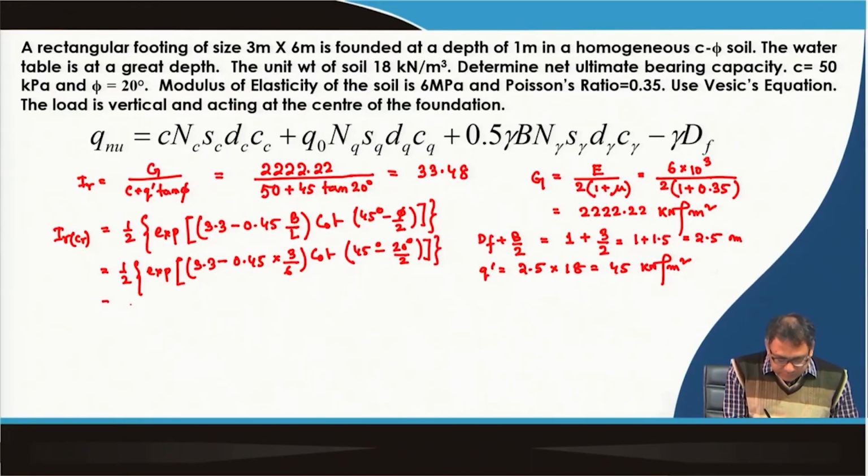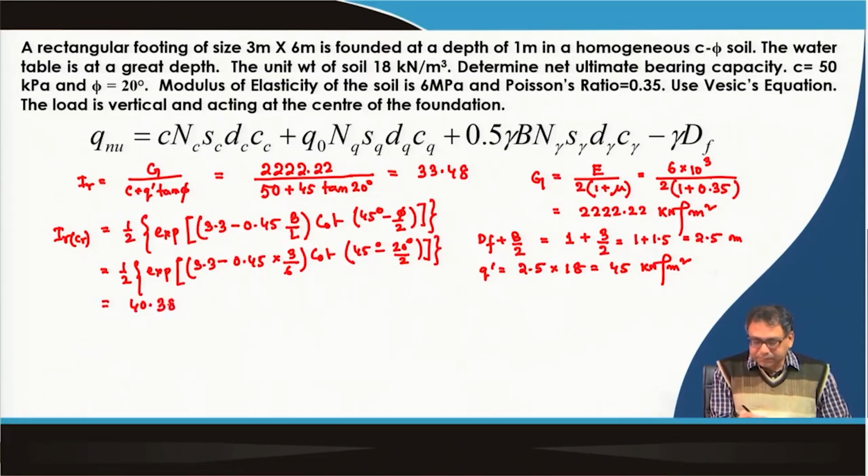So, this is coming out to be 40.38. So, you can see that the critical rigidity index is around 40.4, and the rigidity index is 34.